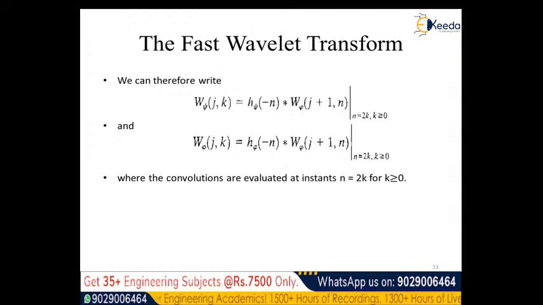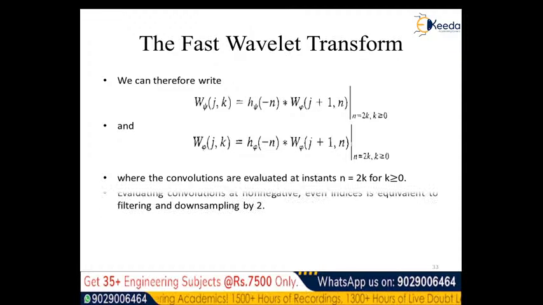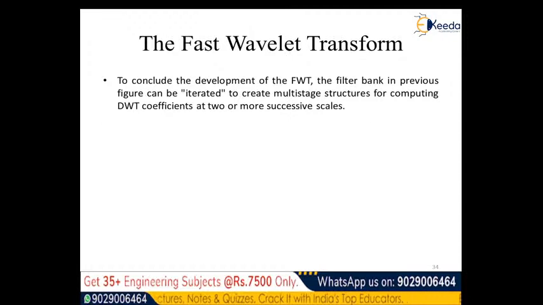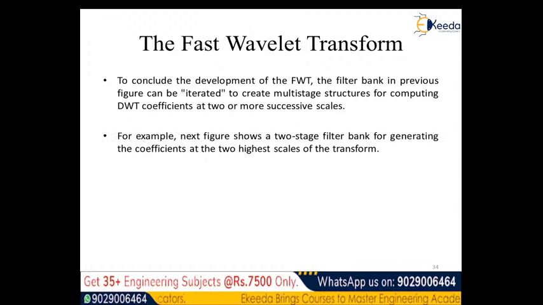Now, in order to compute the fast wavelet transformation, the filter bank in the previous figure can be iterated to create multi-stage structures for computing the discrete wavelet transform coefficients at two or more successive scales. Let us have an example with the help of the next figure, which shows the two-stage filter bank for generating the coefficients at the two highest scales of the transformation.